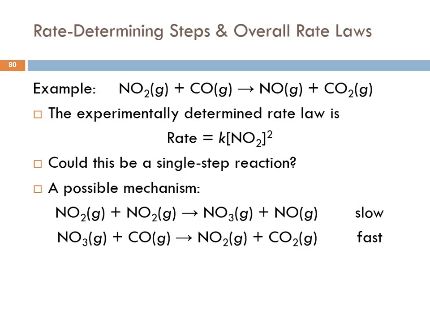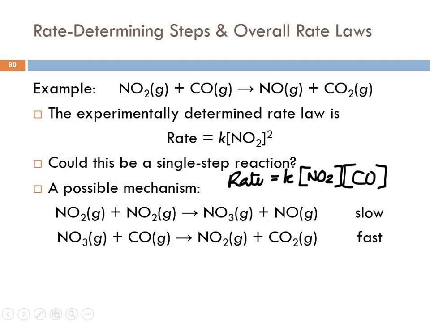NO2 and then CO. The rate would be the rate constant times the NO2 concentration times the carbon monoxide concentration. But that's not what we observe. So this is not a one-step reaction mechanism. So the answer to that is no.